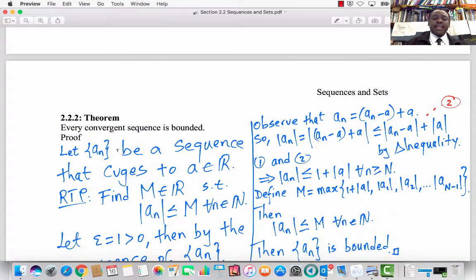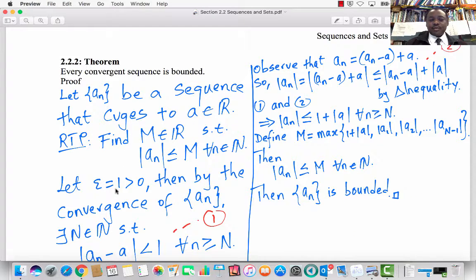Proof. Let an be a sequence that converges to the real number A. Required to prove. I want to prove that the sequence an is bounded, i.e., I want to find a real number m such that the absolute value of an is less than or equal to m for every natural number n. Let epsilon equal 1.